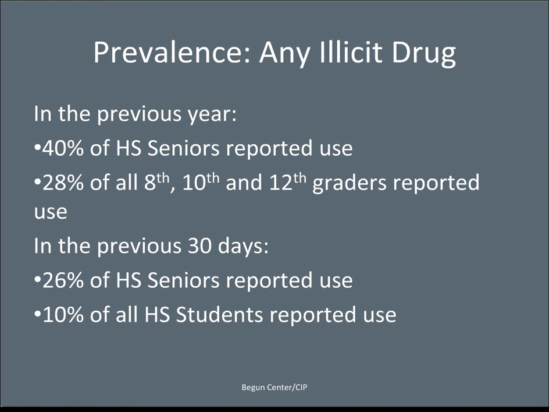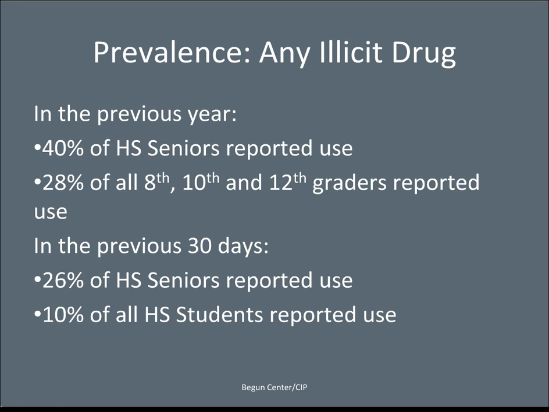So in the previous 30 days, then, 26% of seniors reported some kind of use. 10% of all high school students reported some kind of use just in the last 30 days. That one is taken from one of the more conservative studies. It goes up as high as 23% in the last 30 days in some of the studies, which is pretty high combined for all high school students.